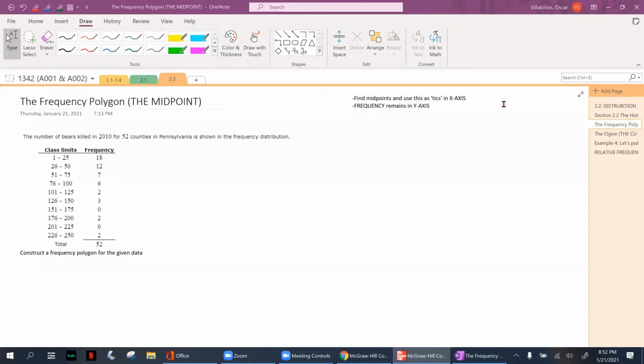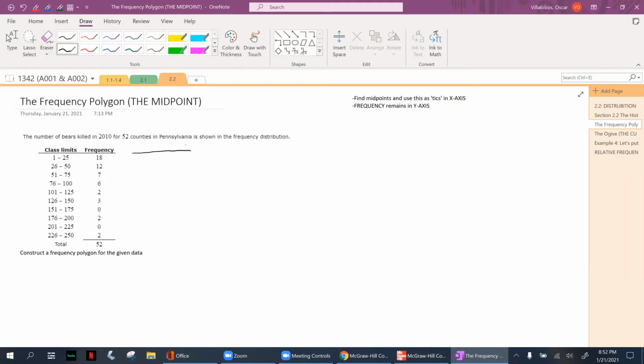Okay. And for the frequency polygon, we are going to have to find the midpoint for each class. How we find the midpoint for each class is we gather the lowest value, add it to the highest value, and divide by 2, from our previous homework.